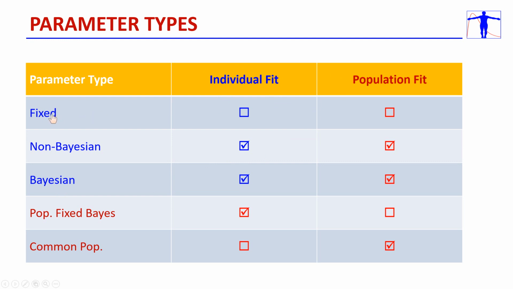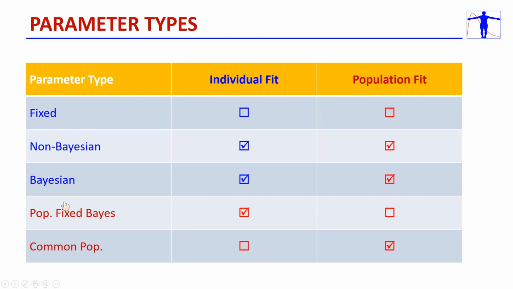With a fixed parameter type, it's constant, both for the individual fit and the population fit. For non-Bayesian and Bayesian analysis, there will be an individual fit and also a population fit. But in the population modeling context, we now have two additional parameter types called population fixed base and common population.